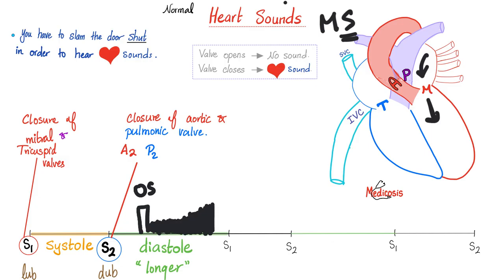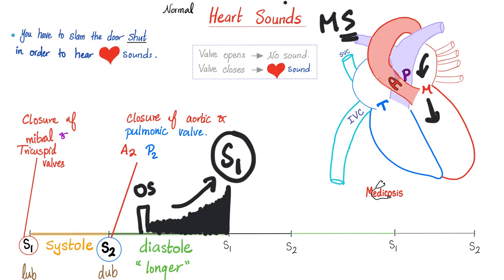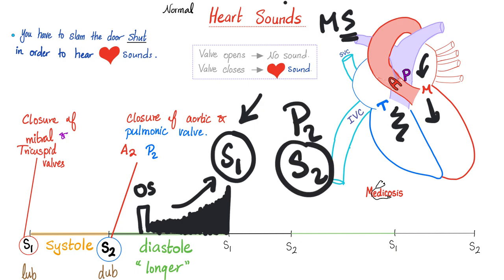It is a rumbling noise that ends with pre-systolic accentuation, rising up until it ends with a very loud S1 sound. So in mitral stenosis, not only is the S1 loud, but if it's complicated with pulmonary hypertension, the P2 of S2 is also loud. And instead of hearing the normal lub-dub, lub-dub, lub-dub, you're gonna hear lub-drup, lub-drup.